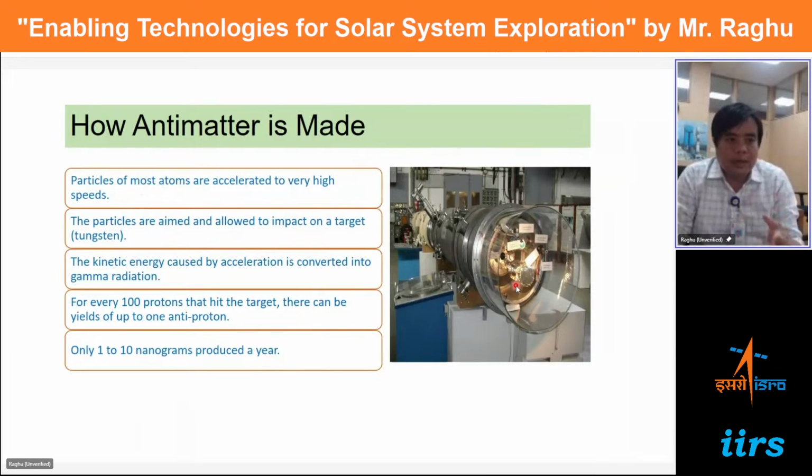In atomic theory, either there is a transition between two levels, or there is an annihilation. Here annihilation is the principle, and because of that some energy is generated in terms of photons. For every 100 photons that hit the target, there can be a yield of one antiproton. But we need more antiprotons for propulsion.